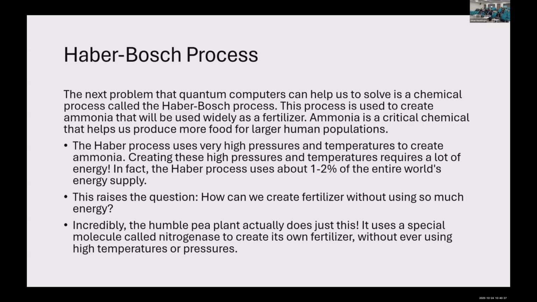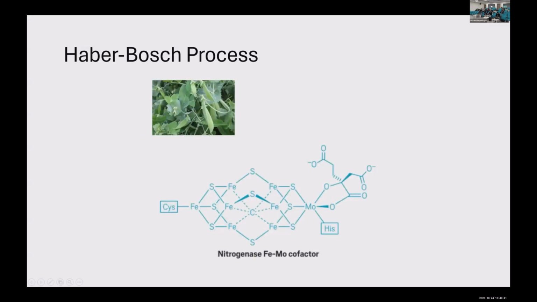It exists on this planet. This is the humble pea plant, and this is the nitrogenase. It's iron and a cofactor, and it has cysteines and histidines attached to it. So how can you solve that with classical computers?